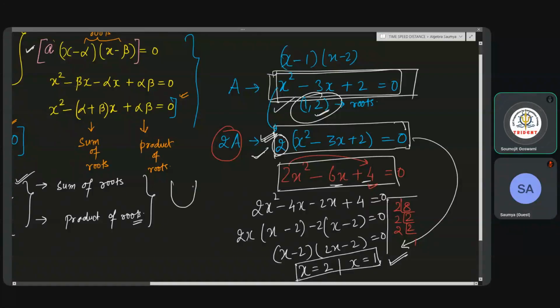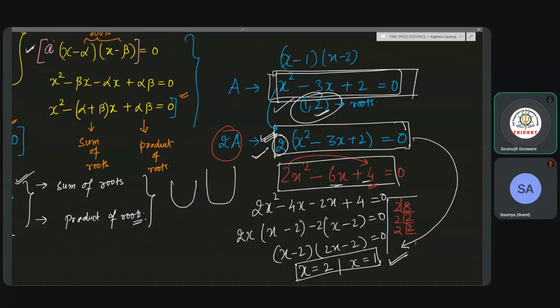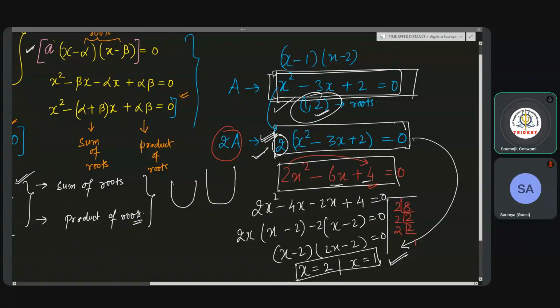They are obviously going to be upward U-shaped parabolas, but they're not exactly going to be the same. Basically, one cannot be superimposed onto the other. So if I am multiplying by a constant, yes, the roots remain the same, but the two quadratic equations are not the same. That is what I was trying to get at.